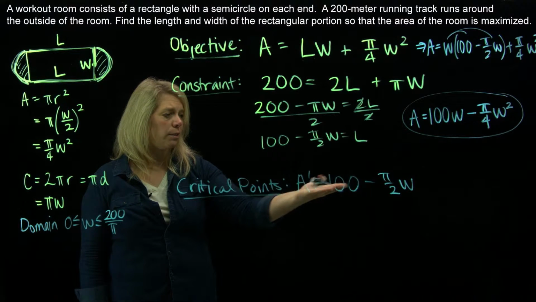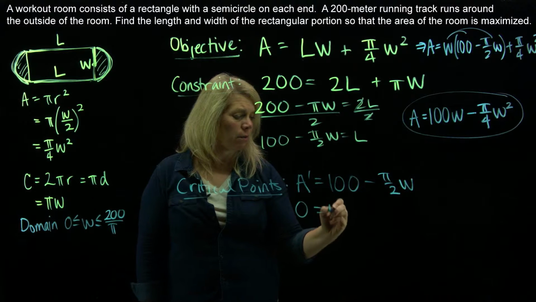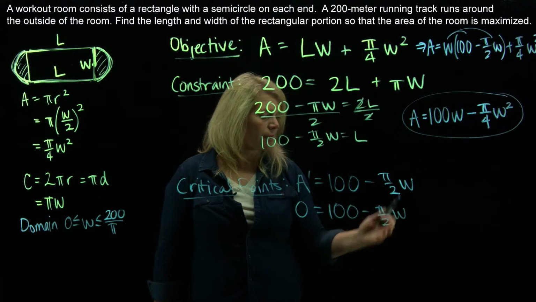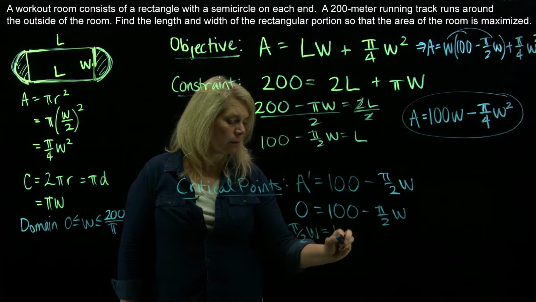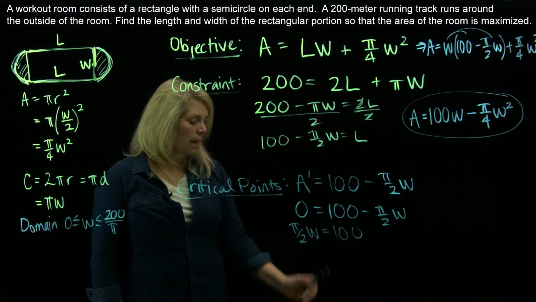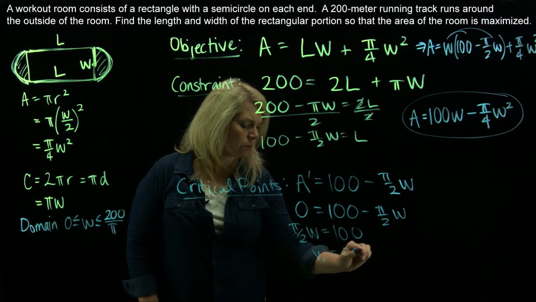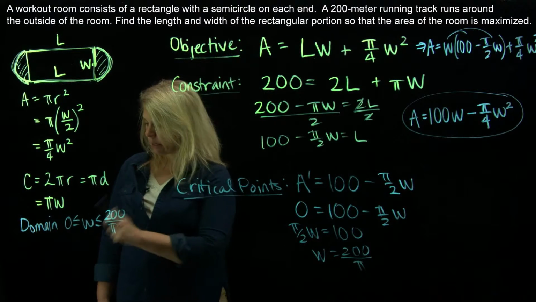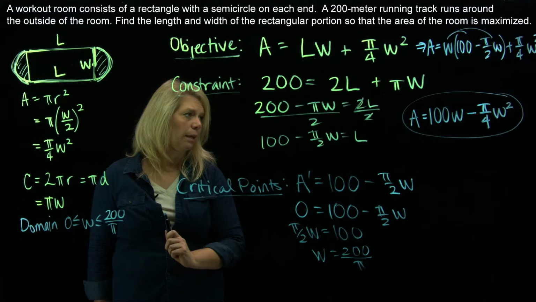We won't have any values of W for which this does not exist. So we'll go ahead and set that equal to 0 and solve for W. If I add the pi over 2 W over here, and then multiply through by 2 over pi, I'll get W equals 200 over pi, which we might notice was actually one of the endpoints of our feasible domain, and that's okay. That is in our feasible domain here.